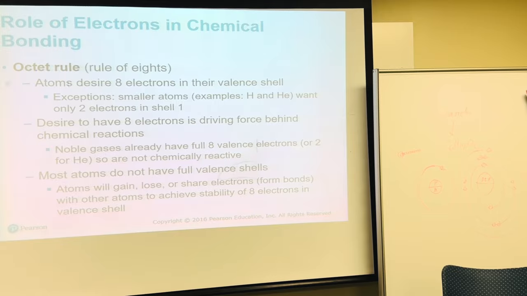And that is called the octet rule. What do we call it? The octet rule. What is the octet rule? The atoms are trying to fulfill their shell with how many electrons? 8 electrons if they have more than one shell. And if they have only one shell, they are trying to fill it with how many electrons? 2 electrons.